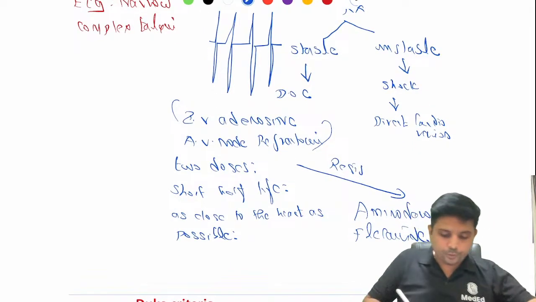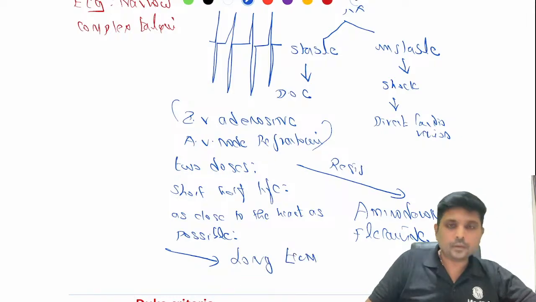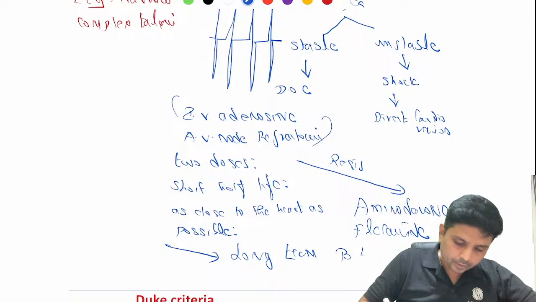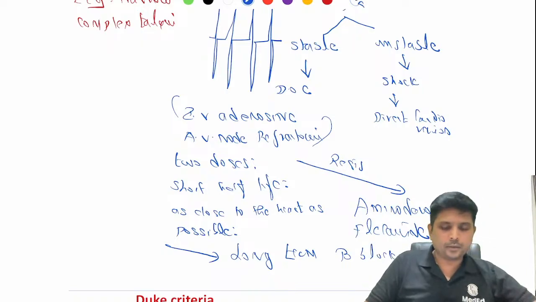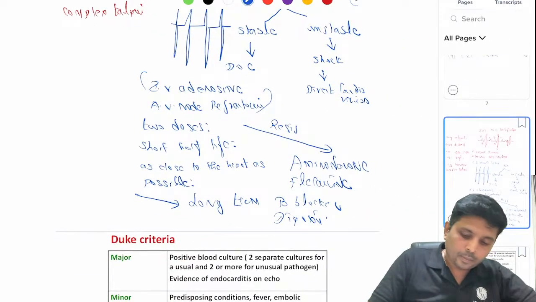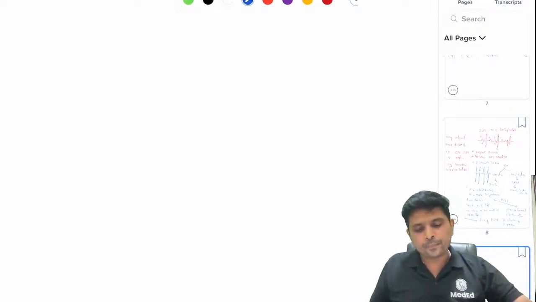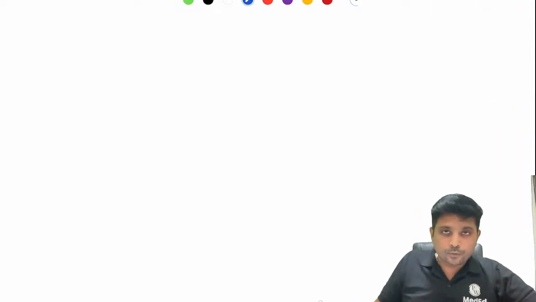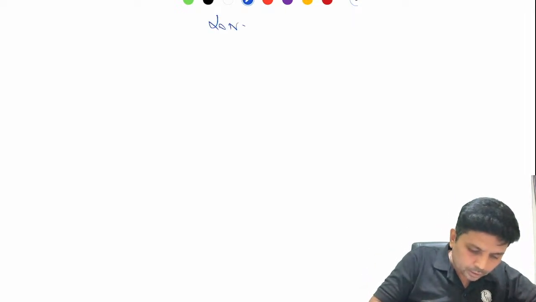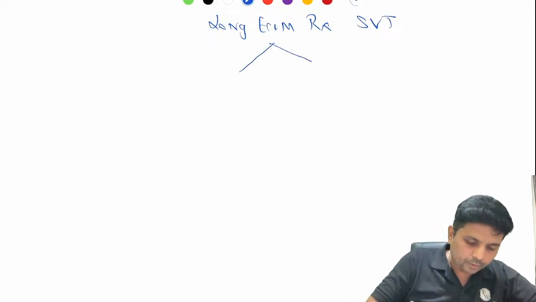And always you need to put the patient on long-term beta blocker or digoxin. But here there is a caveat, because the child is prone to recurrent SVT again and again. So what is the long-term treatment for supraventricular tachycardia?